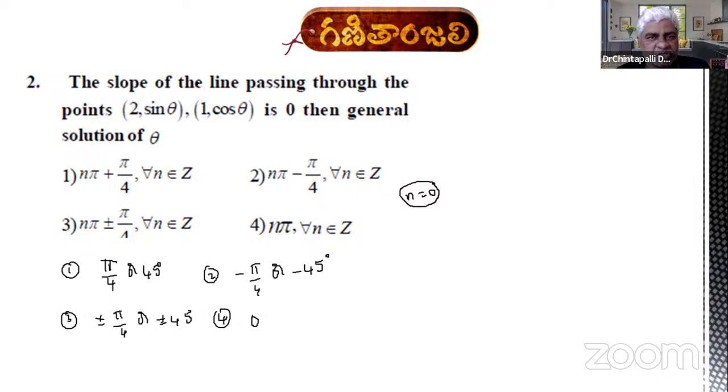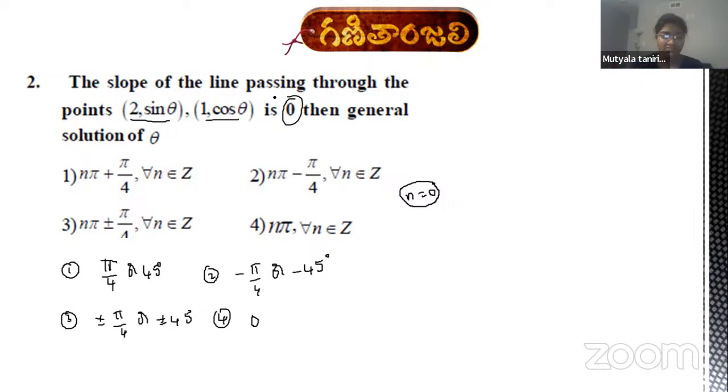Now, coming to the point. The slope of the line passing through the points 2 comma sine theta and 1 comma cos theta is 0. That means find the slope and equate it to 0. The slope is a fraction with numerator cos theta minus sine theta.